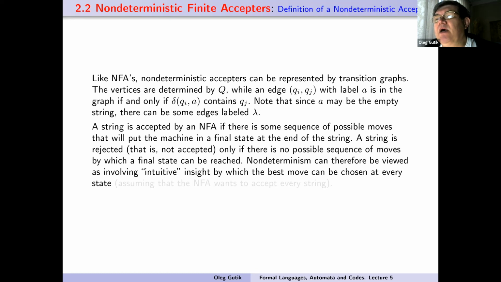Non-determinism can therefore be viewed as following an intuitive instinct by which the best move can be chosen at every state, assuming that the non-deterministic finite acceptor wants to accept every string.